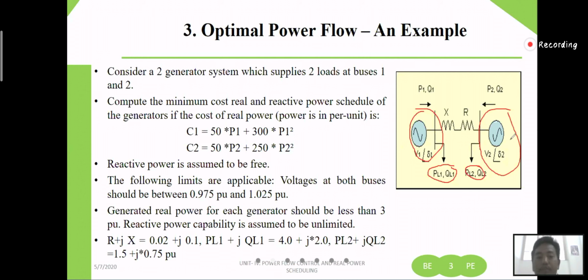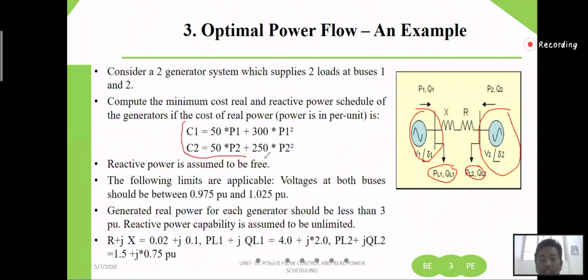We consider this as bus 1 and this as bus 2. So now the question is to compute the minimum cost real and reactive power schedule of the generators if the cost of real power is this much.